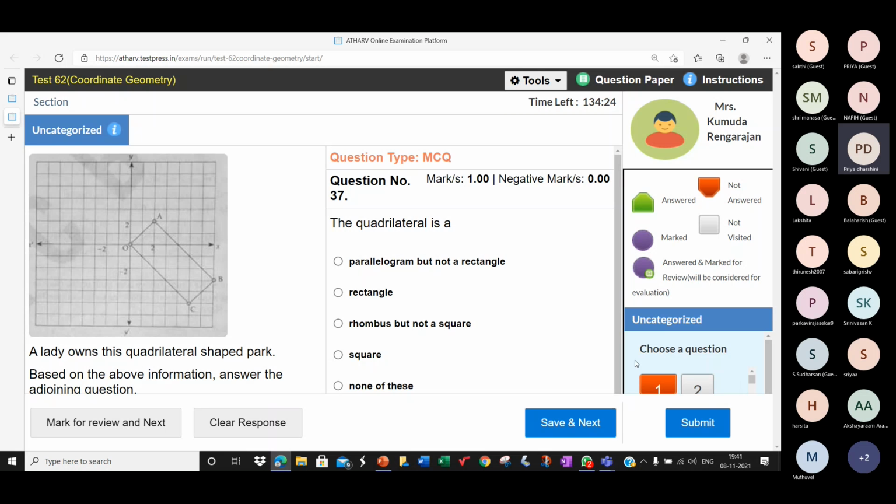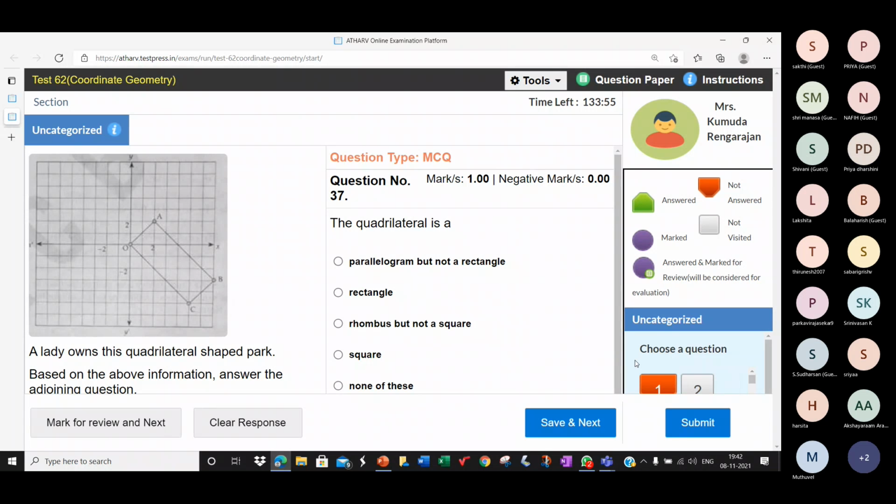Yes, ma'am. 7/2 and minus 3/2. Yeah, now find the midpoint of BO, the coordinates of the midpoint of the diagonal BO. Ma'am, 7/2 and minus 3/2, ma'am.